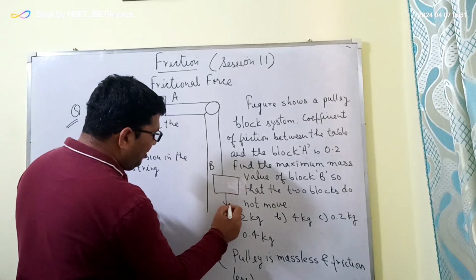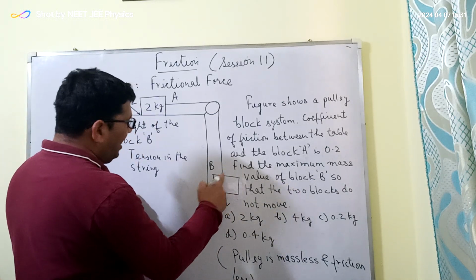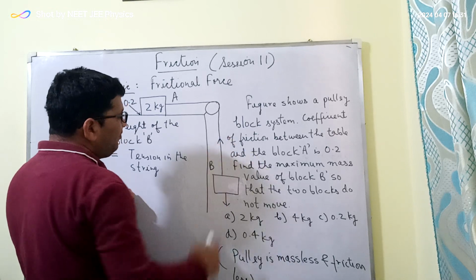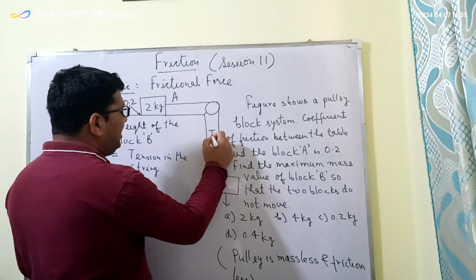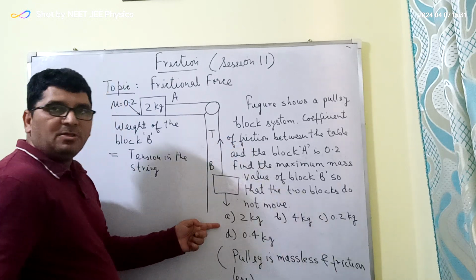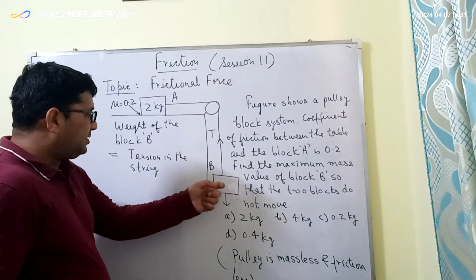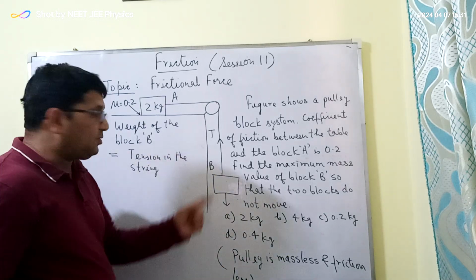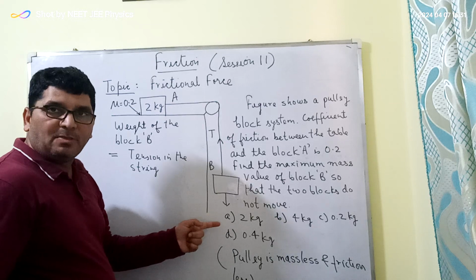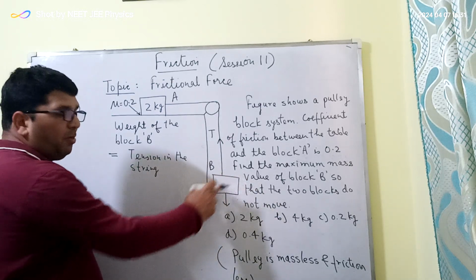So if the tension in the string is say T, then T will be equal to the weight of this block B.